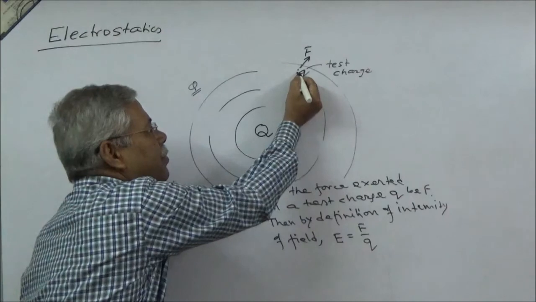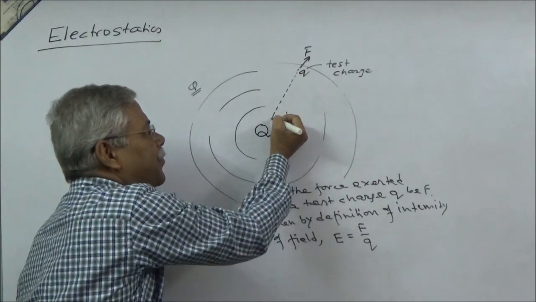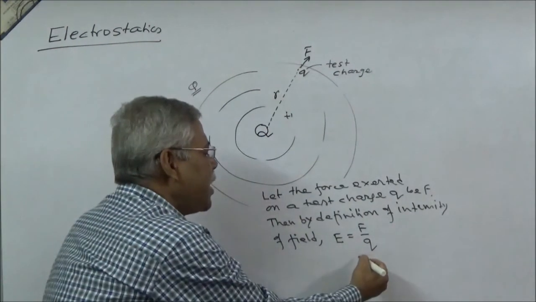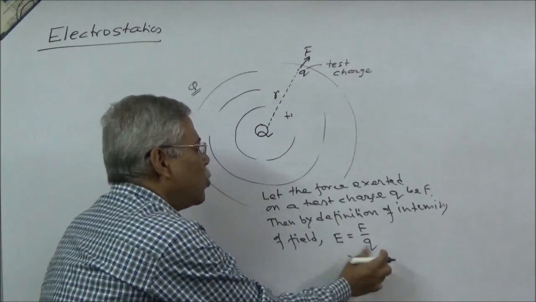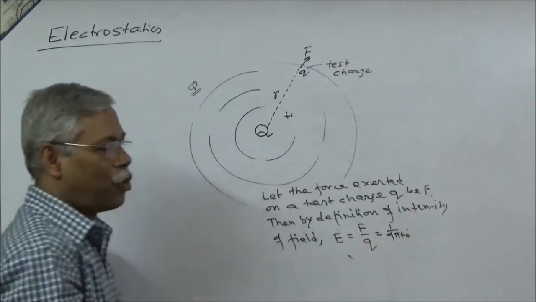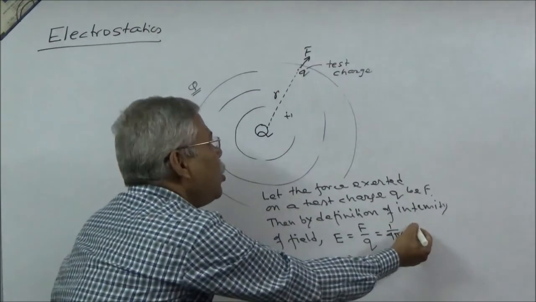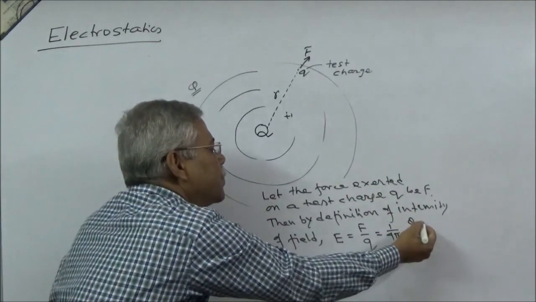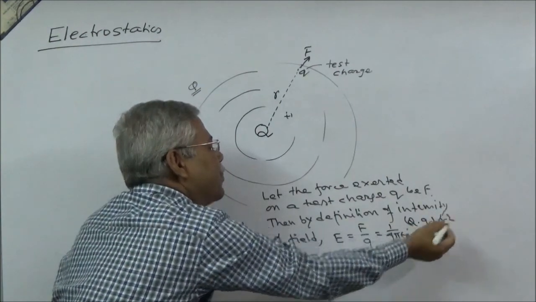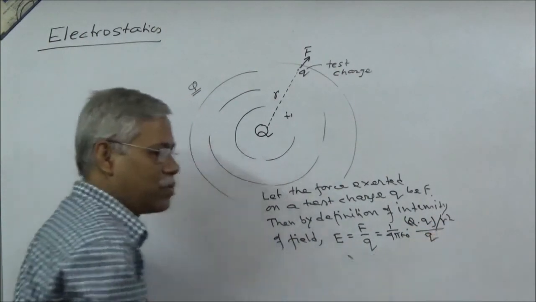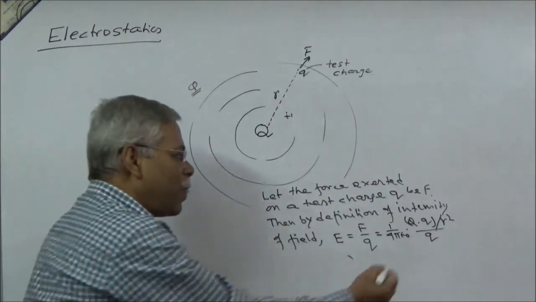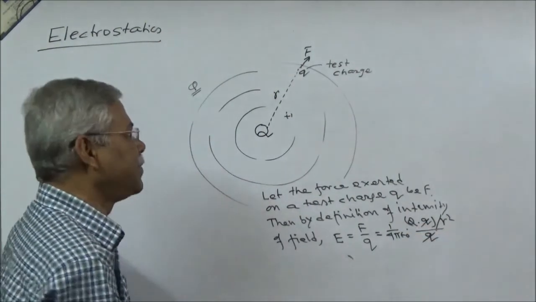Then this distance is R. So how much is F? F equal to 1 by 4 pi epsilon naught into Q by R square, divided by Q. Q into Q by R square divided by Q, Q cancelled.